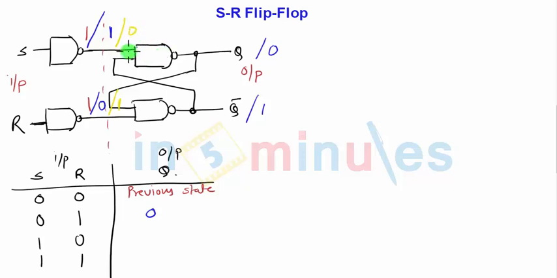Definitely one of the inputs is 0, then output Q is going to be 1. If Q is 1, that is fed back to the input of the second NAND gate. Therefore 1 1, output Q bar will become 0. Means definitely value 1 is stored at the position Q. Therefore 1 is stored.